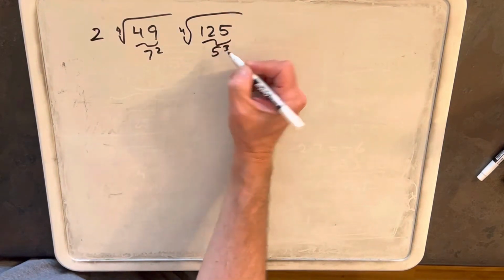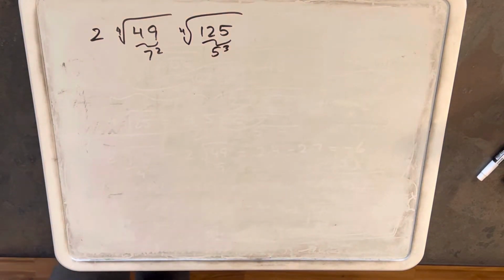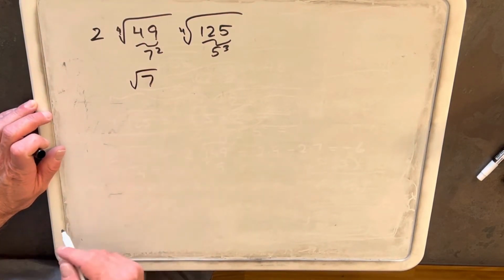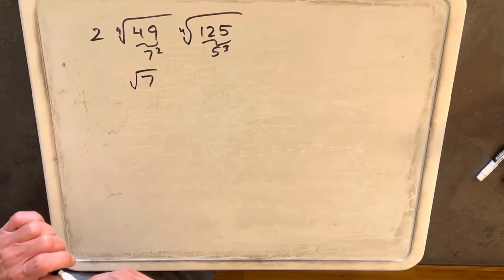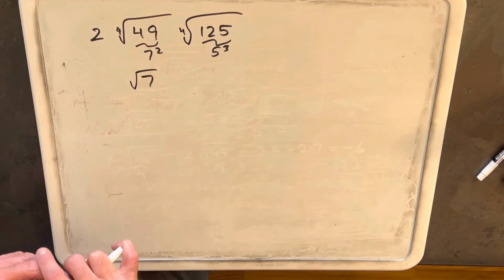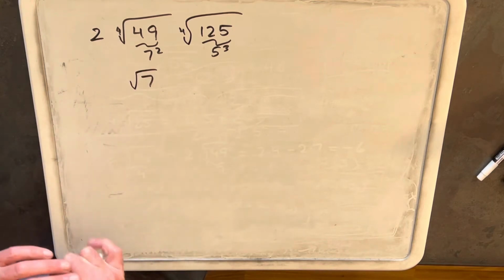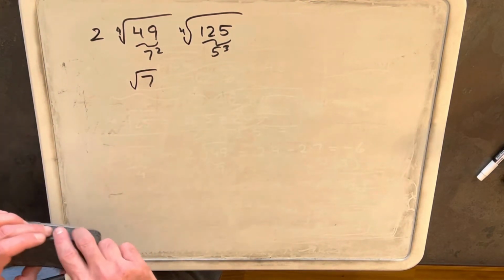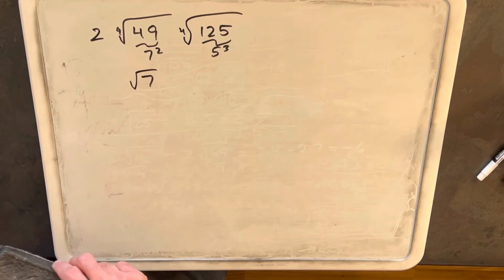This is 5 cubed. I'm almost afraid I can't really do anything. I could write this as the square root of 7. So that's kind of one of those cases where it's maybe a choice, but it's kind of nice to keep. You want to combine the radicals. I don't really want to have 2 different radicals with a different degree on there.